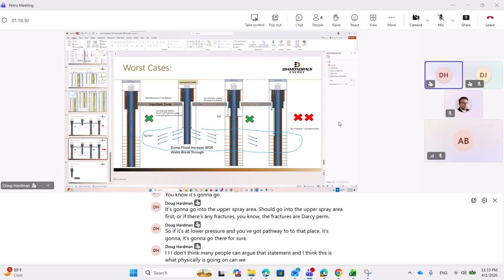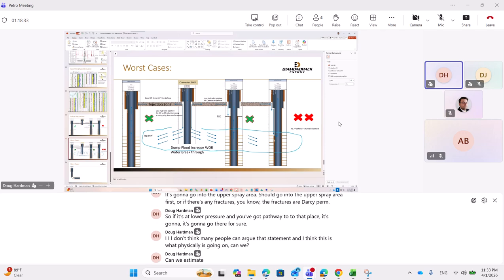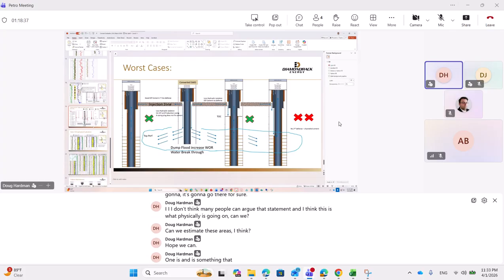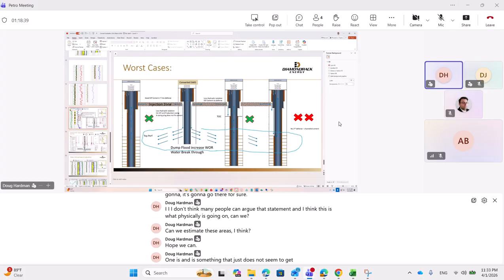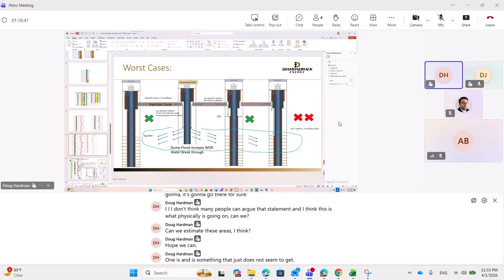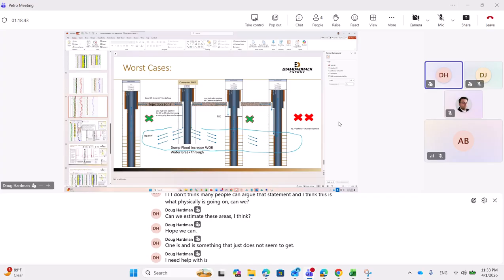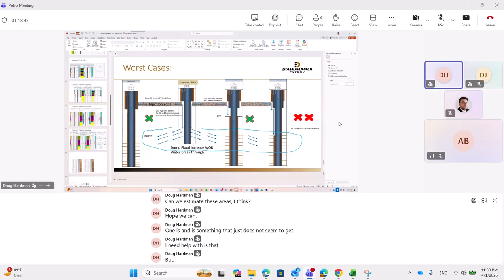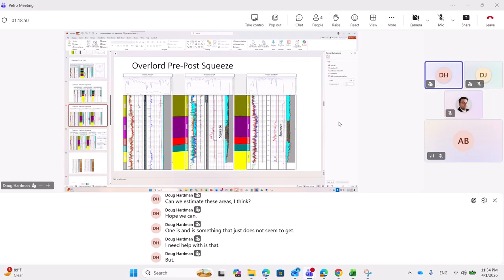Can we estimate these areas? I think we can. One thing I need help with is mapping this excess gamma ray.